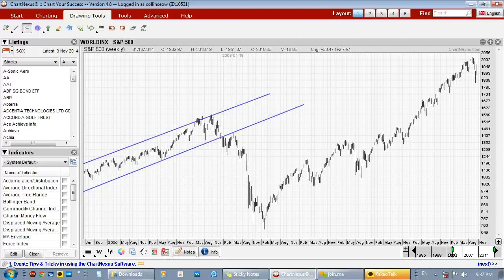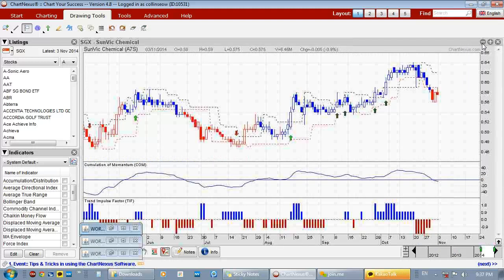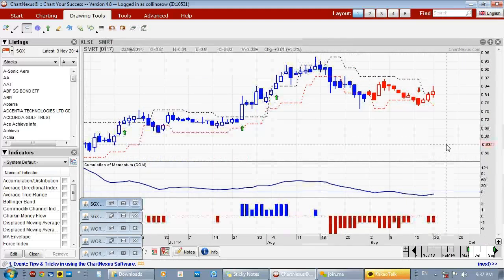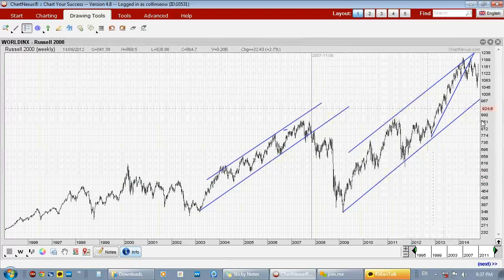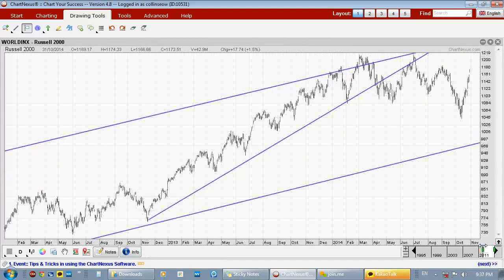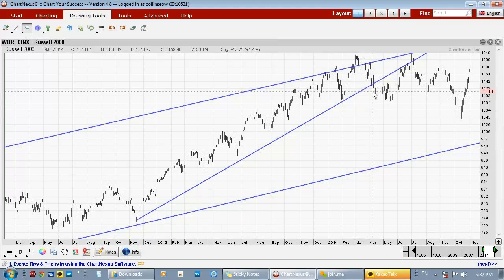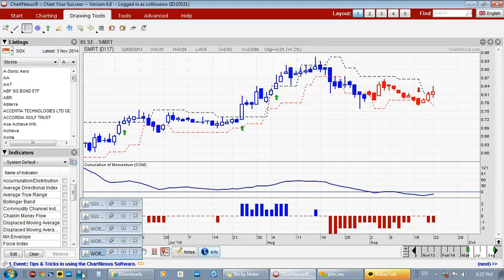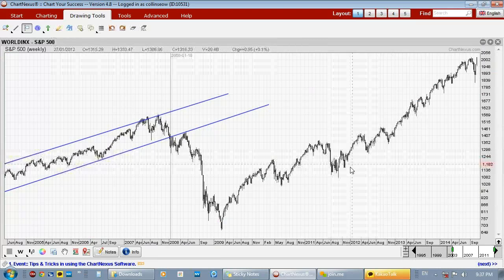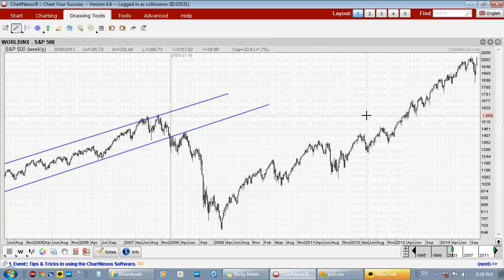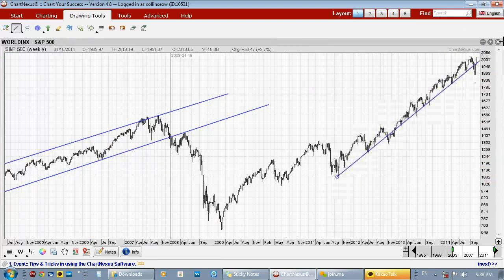Similarly over here, this recent drop: the Russell corrected somewhere in April, and then the S&P corrected only recently, somewhere in October, I believe.